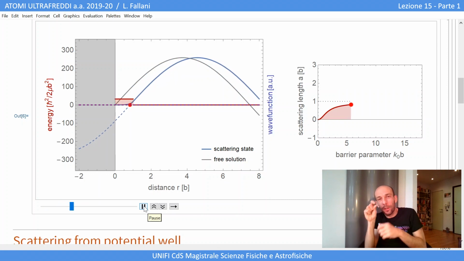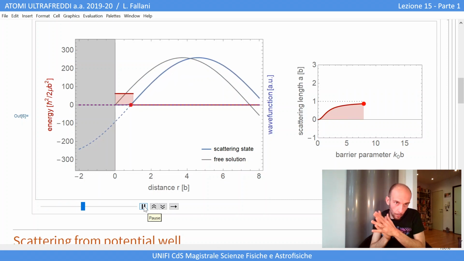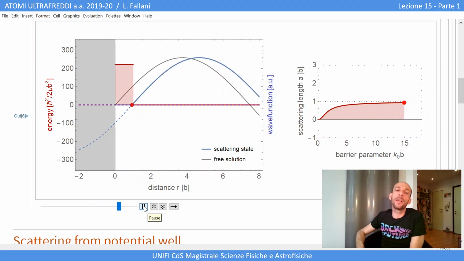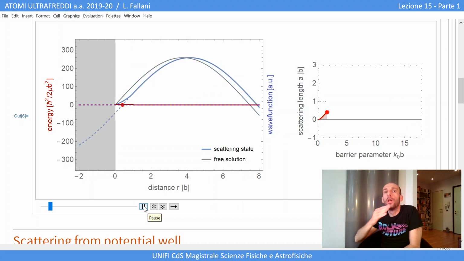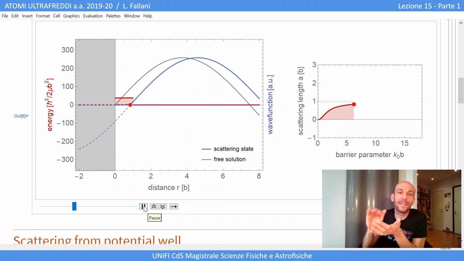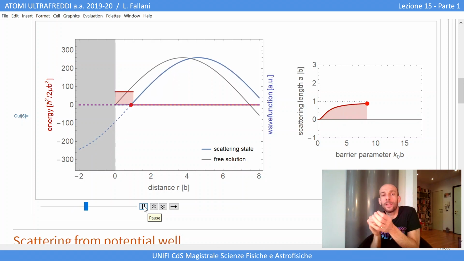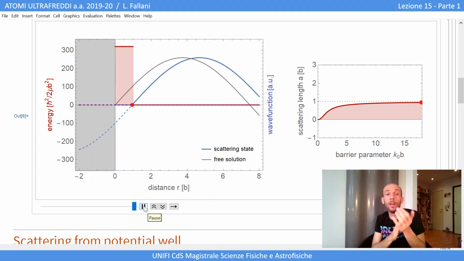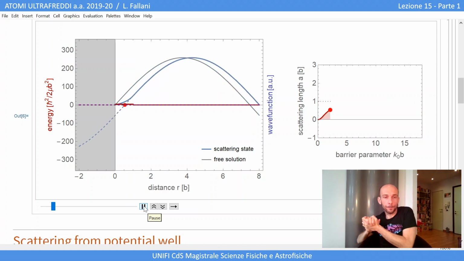In the case instead of small barriers, you see that the wave function penetrates a little bit inside the barrier, so you have this exponential penetration inside the forbidden region, and so in this case the extension of the wave function is deviating from the actual scattering state, and the red point marks the intersection of the dashed line with the axis.